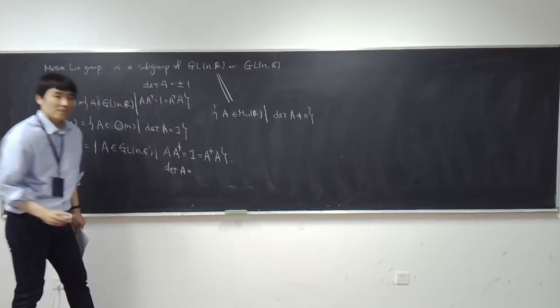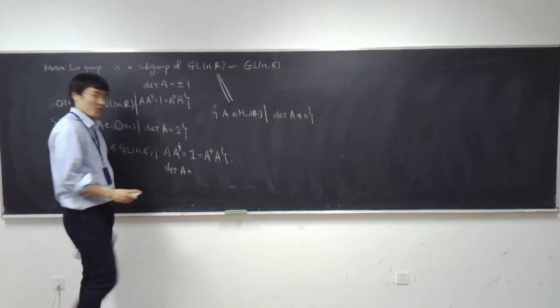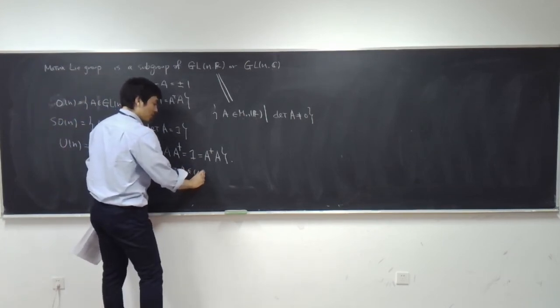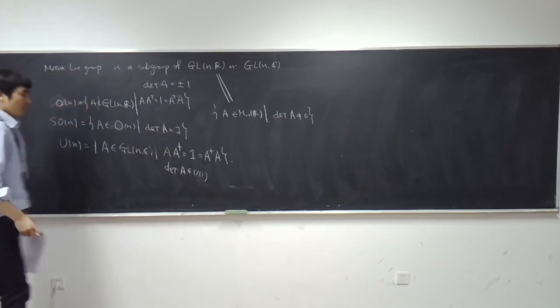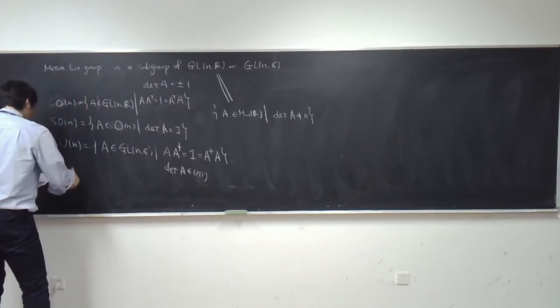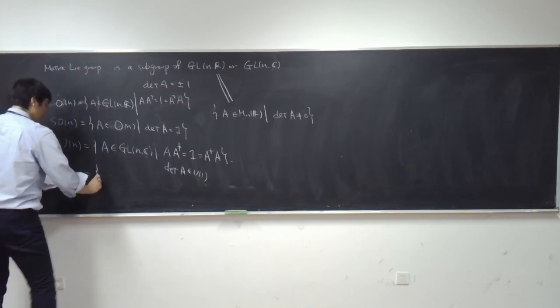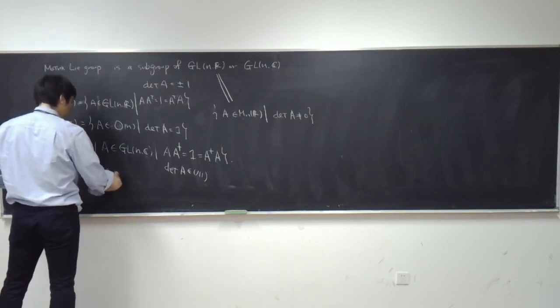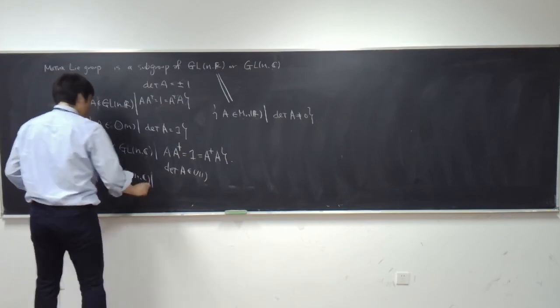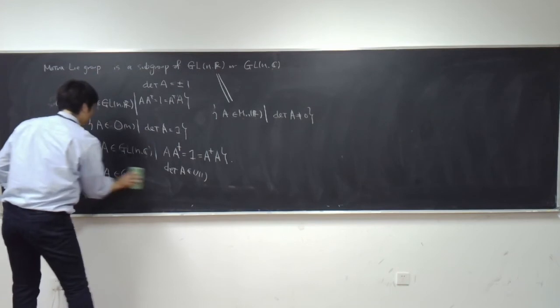I hope you understand. This is in U(1). So then if you pick only the part with determinant 1, it's called the special unitary group, SU(n), inside U(n).